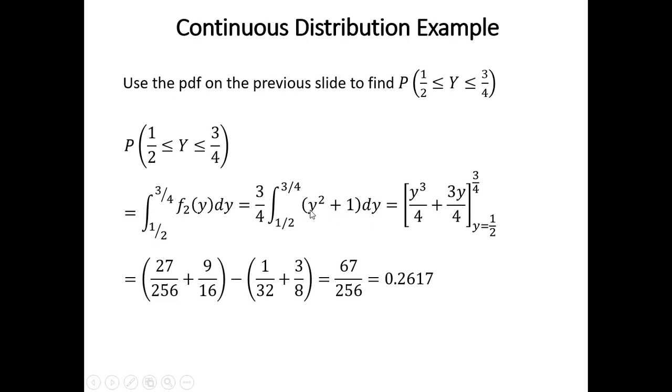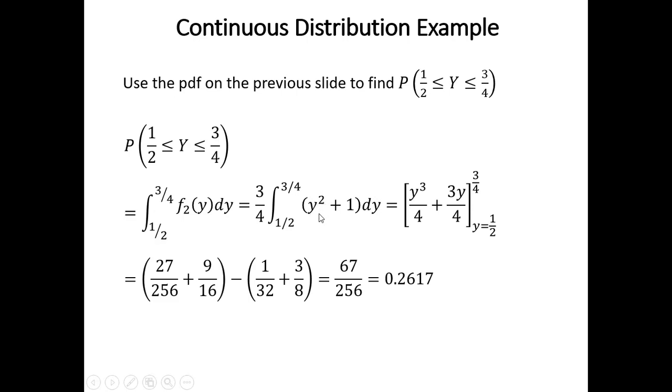Pretty straightforward, maybe a little tedious, but straightforward. This becomes, well, we'd have a y squared over 2. But don't forget we have this 3/4 here. When we do some of the algebra, this is what we get. Again, we have y squared, we integrate that, this becomes y cubed over 3.